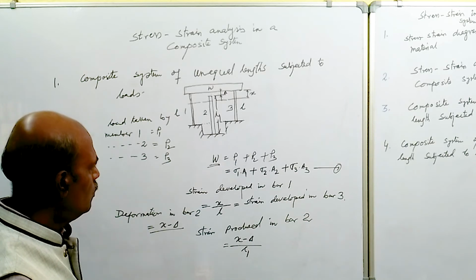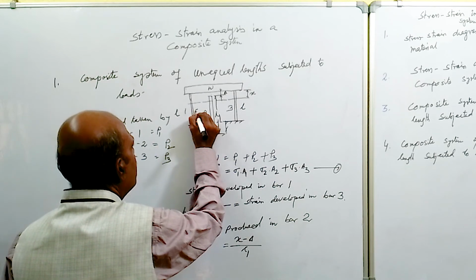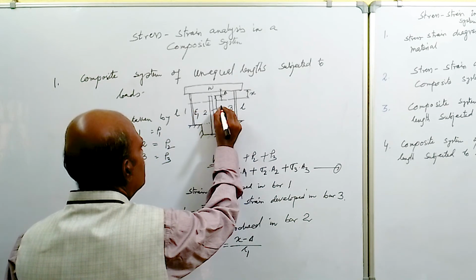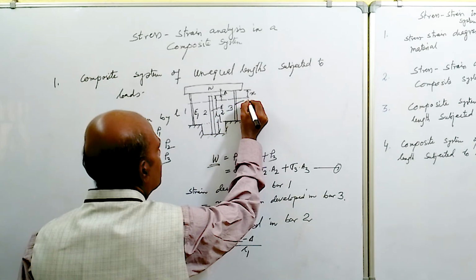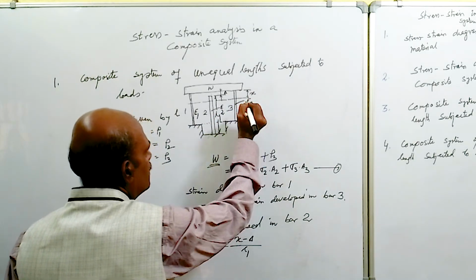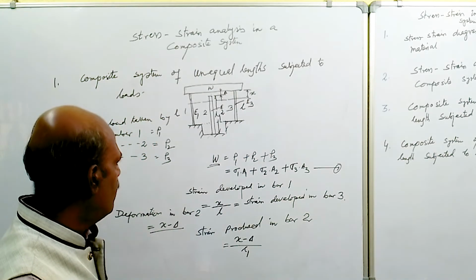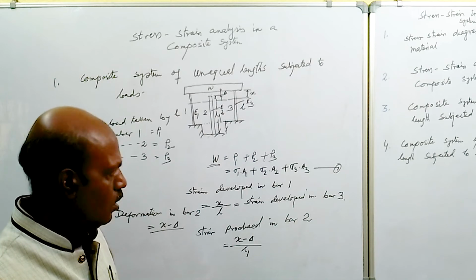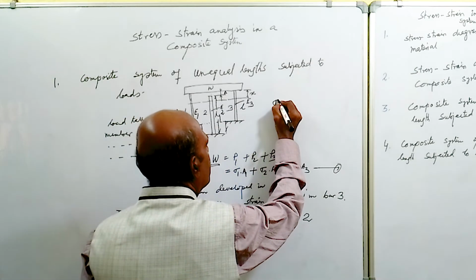Now let E1 be the Young's modulus of elasticity of bar 1, E2 the Young's modulus of elasticity of bar 2, and E3 the Young's modulus of elasticity of bar 3. Then by using Hooke's law we can find sigma 1.